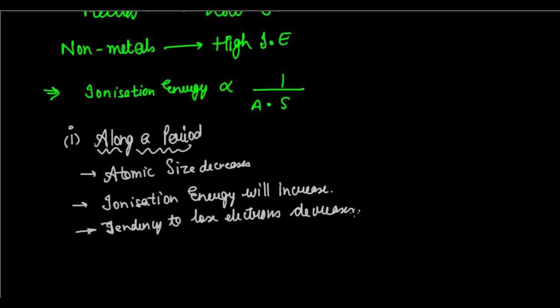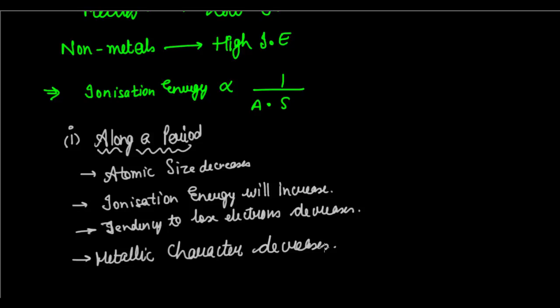And if the tendency to lose electrons decreases, then which character will decrease? Metallic character will decrease. And why is that so? You can pretty much understand that because metals lose electrons.